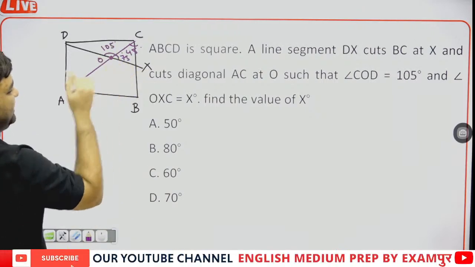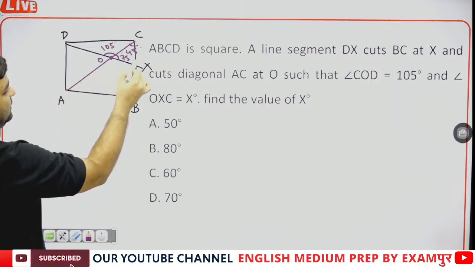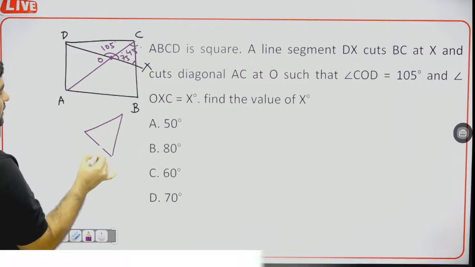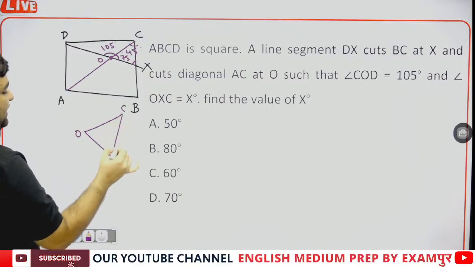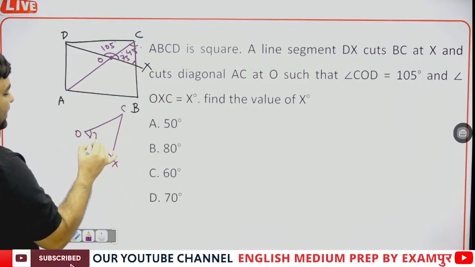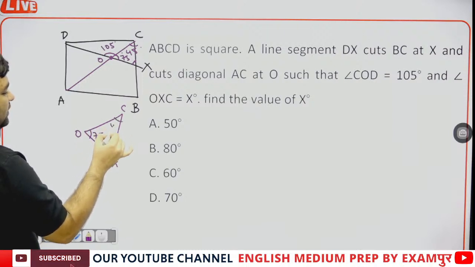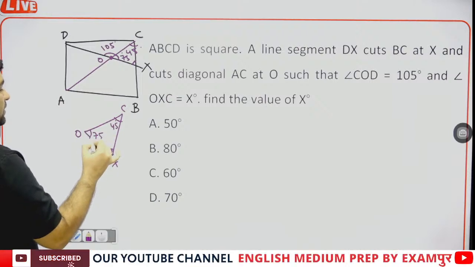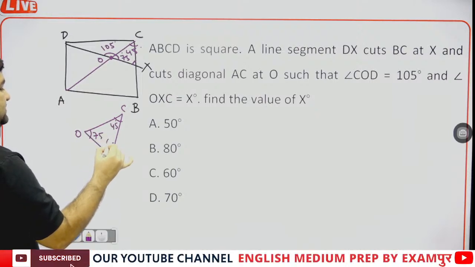What is angle OXC? The triangle is complete. Take an enlarged image of it. 75, 45. So remaining is 120, 60.